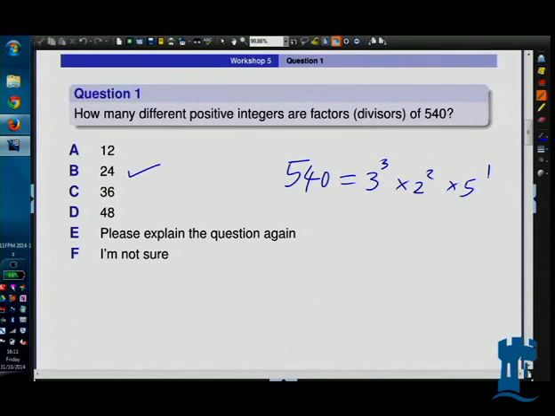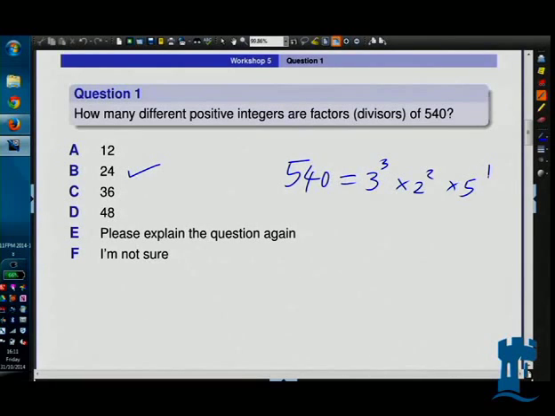So hopefully you know how to find this prime factorization by now. If you don't know how to find the prime factorization, I suggest you come and ask me or ask a friend. So I'm going to assume that you know how to find the prime factorization of a number. But if you don't, you should find out.